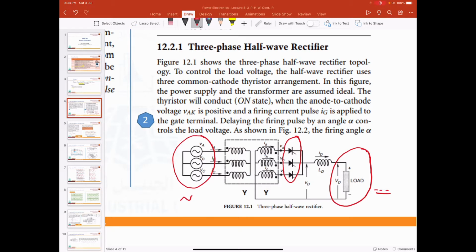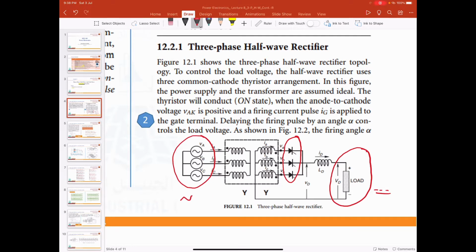Previously we have taken the three-phase half-wave uncontrolled rectifier. We used diodes, right? So the output alpha is not controlled, and we start from 0 up to 180 and so on. Here we are controlling the thyristor by a gate signal.